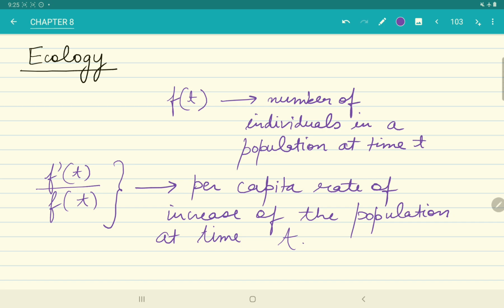And in this case, f prime t by f of t is the per capita rate of increase of the population at time t.